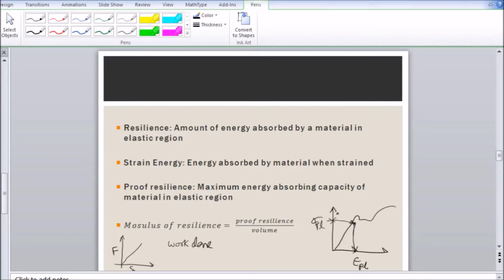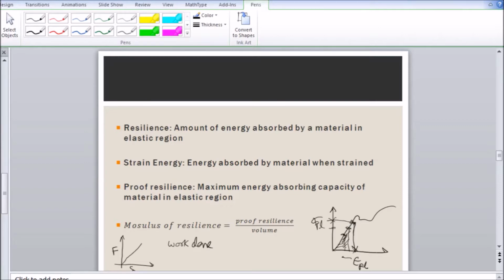When we consider the energy absorbed below this limit, if loading is up to here, then the energy stored we will consider up to here. If loading is up to here, with this stress and this strain correspondingly, then we will consider the energy stored up to this point.